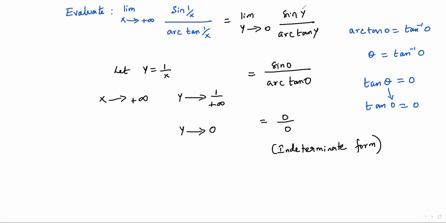Usually in finding derivatives of a quotient we'd use the quotient rule, but when you use L'Hopital's rule, you are not supposed to use the quotient rule. Now I'm going to find the derivative of sine y and arctan y with respect to the variable y because we have the limit for the variable y.